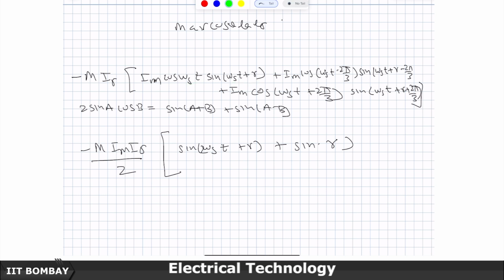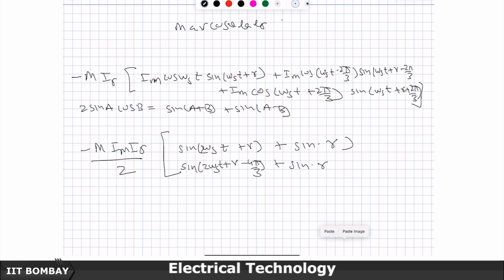So, sin of gamma. Then the next one, 2 sin A sin B, what will that give me? That will give me sin of A plus B, which is 2 omega s t plus gamma minus 4 pi by 3, and sin of A minus B will just give me another sin of gamma.